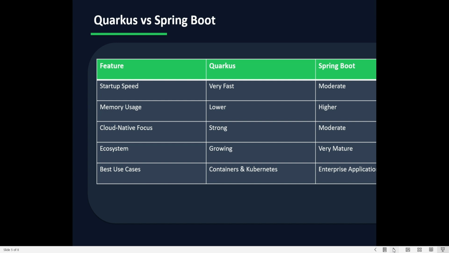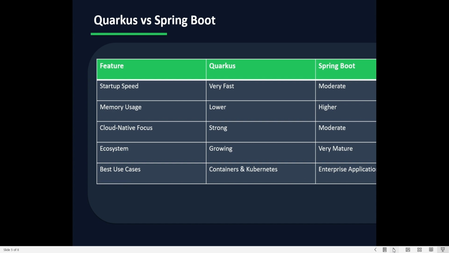So why Quarkus? Because there is already Spring Boot that has a large ecosystem. So naturally many developers will ask, if Spring Boot already dominates enterprise Java development, why then should I be interested in Quarkus? Well, Spring Boot remains one of the most widely used Java frameworks today, no doubt.